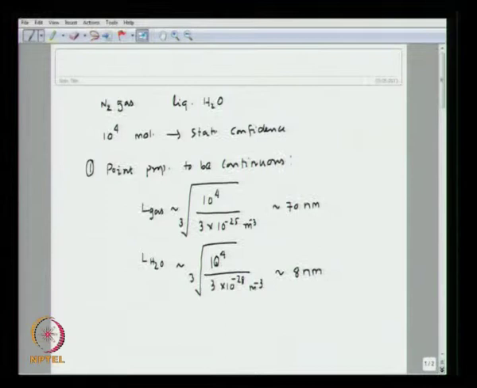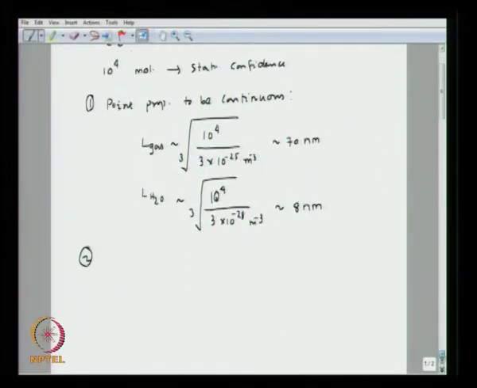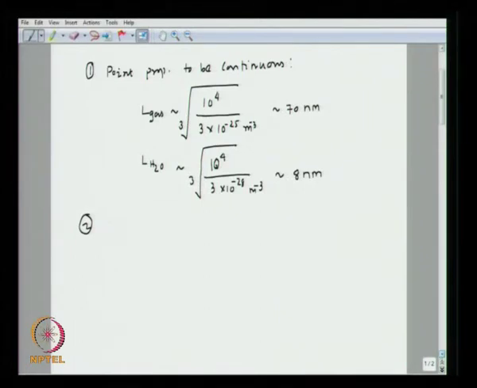Now next we will determine, if we talk about the transport properties. For transport properties to be continuous, for example viscosity to be continuous, we say that the volume of the cube would be about 10 times the distance of travel of the molecule.